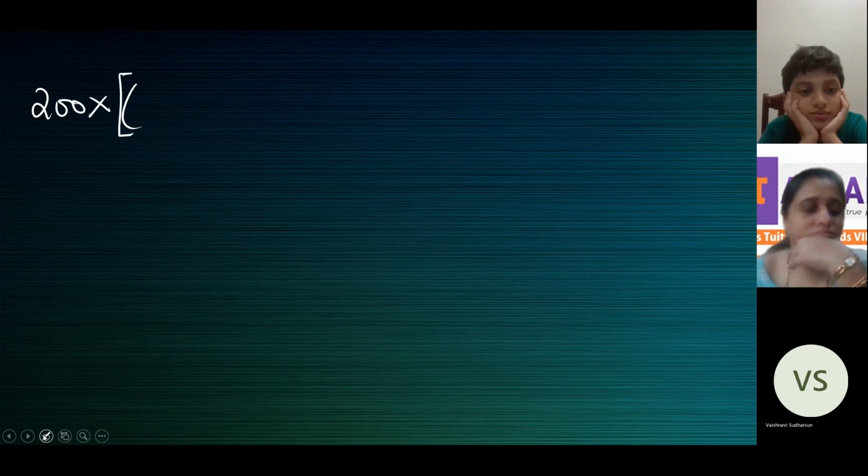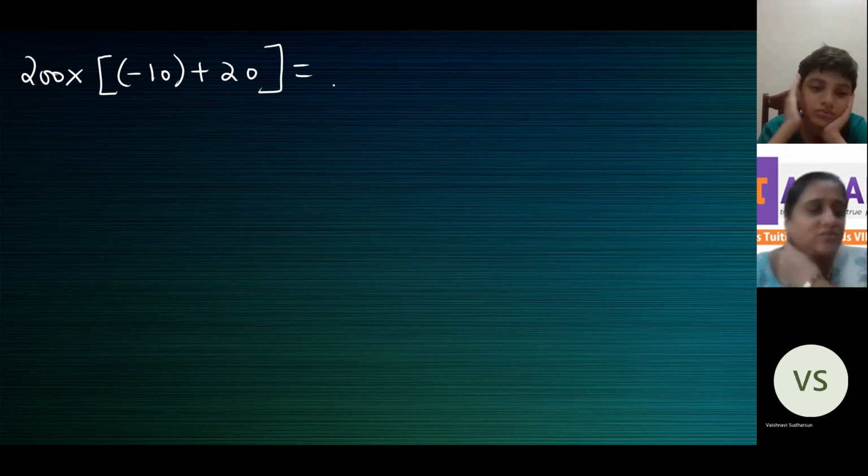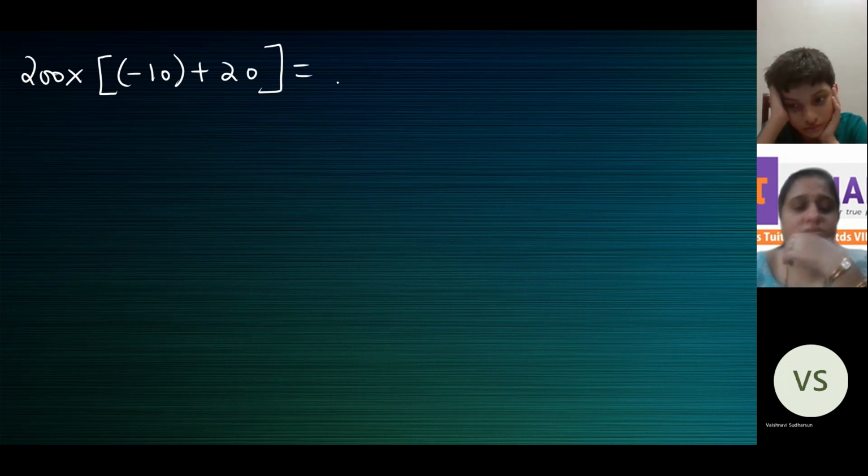Now, supposing you have 200 into... Yeah, this is for Navneet. Next one will be for Anirudh.